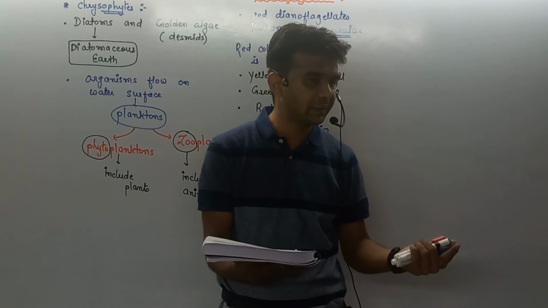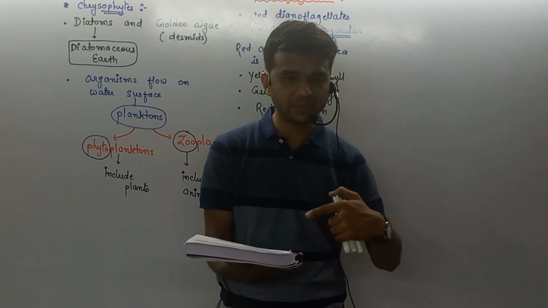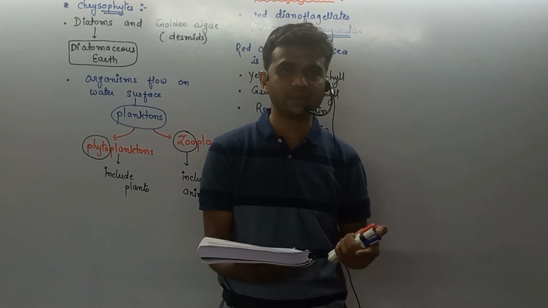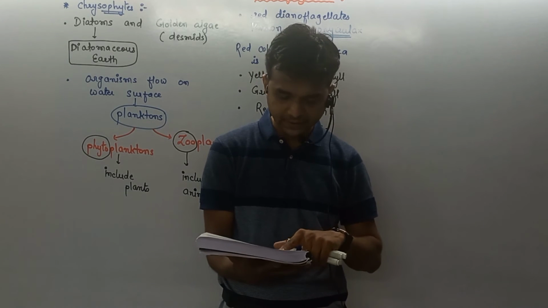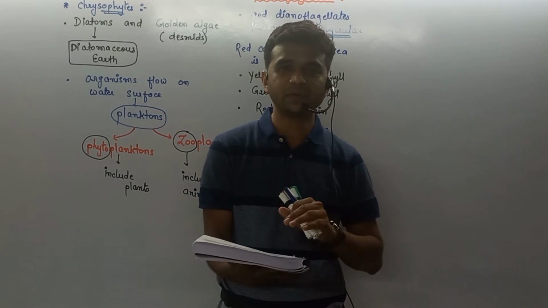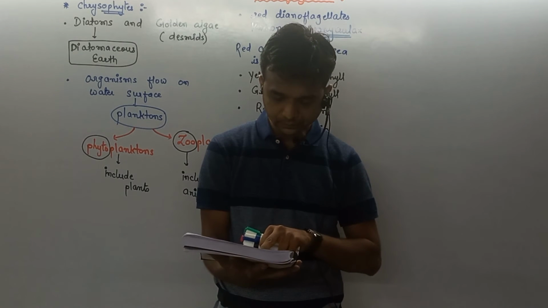So in unfavorable condition, the plasmodium is converted into fruiting body, and that fruiting body produces the spores. And these spores are present on the tip of the slime mold.